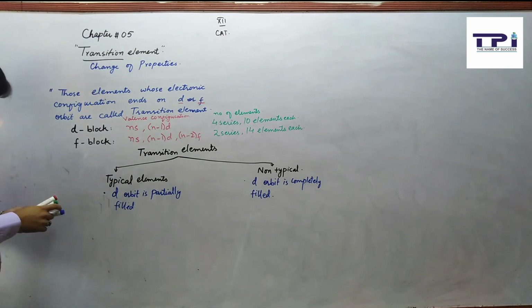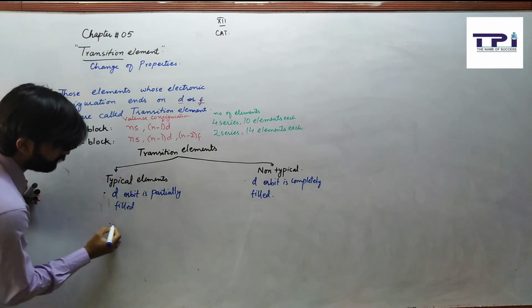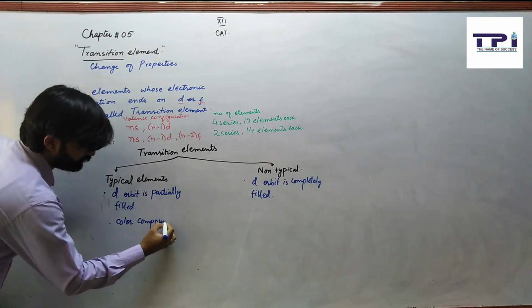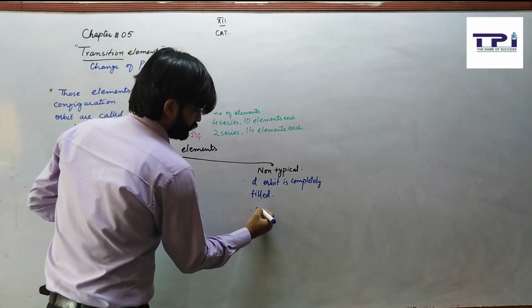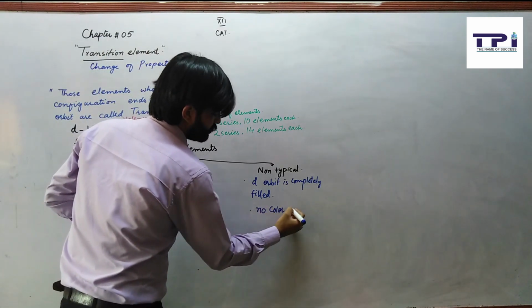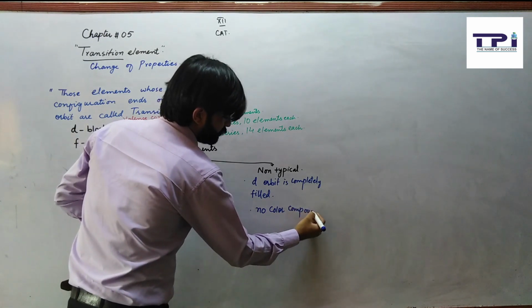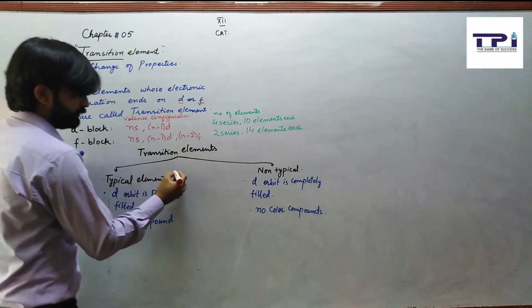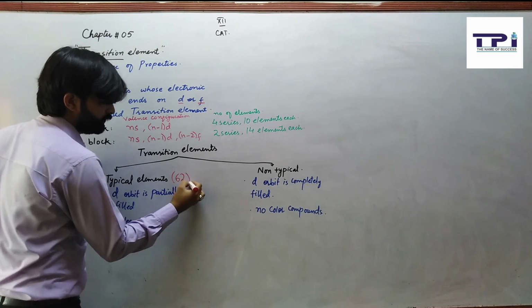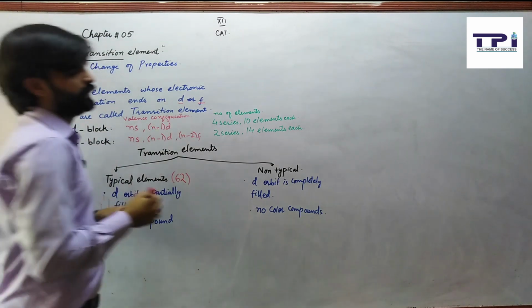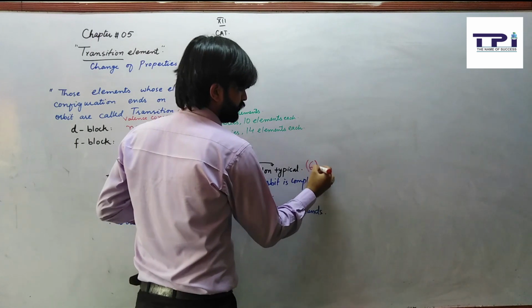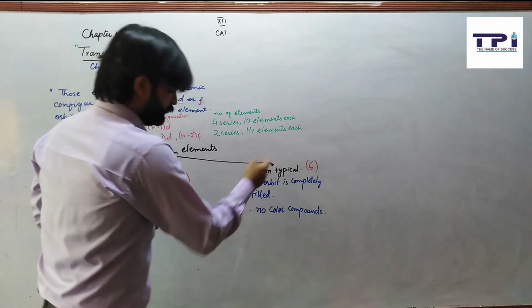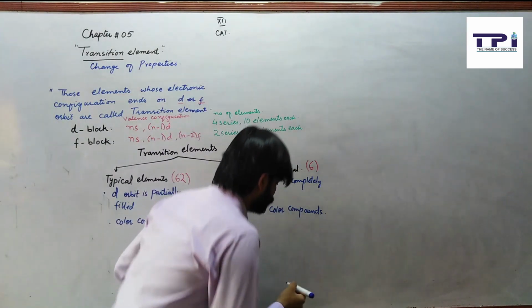Usually typical elements give color compounds and non-typical gives no color compounds. Further, you have to remember that there are 62 elements which are typical and 6 elements which are non-typical. In these 6 elements, there are 2 main groups.